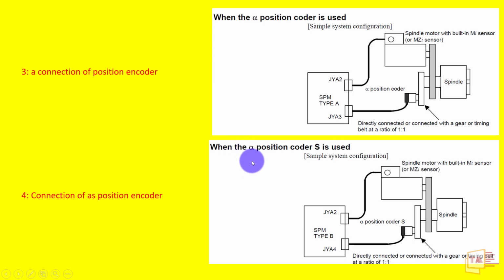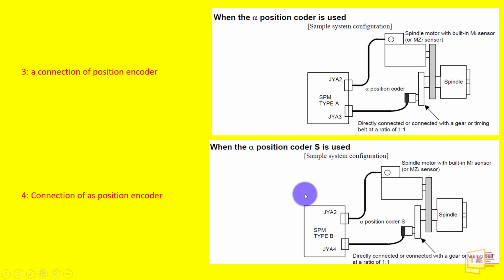But if we use the alpha position coder S, that means we should connect this coder into JYA4 because this one is SPM type B. If you want to know more details, then go online, search and download the manuals for type A and type B, and study them. So this is the connection when we use the alpha position coder and alpha position coder S.